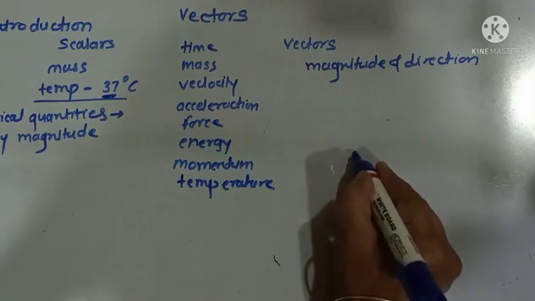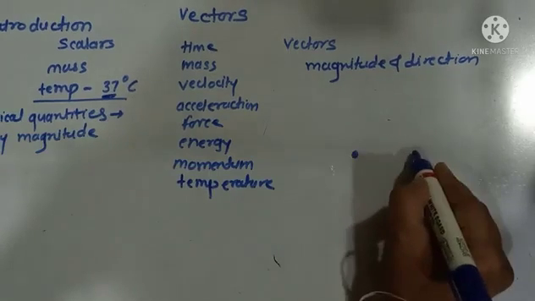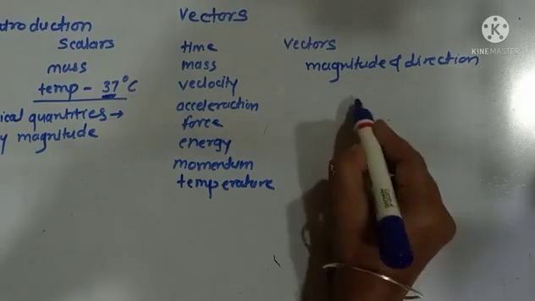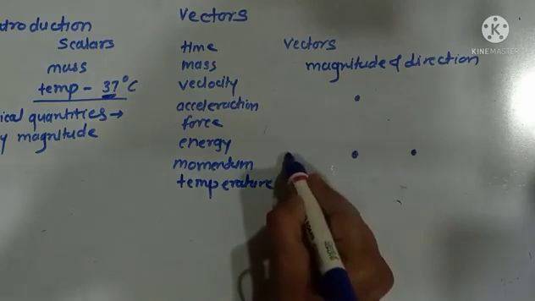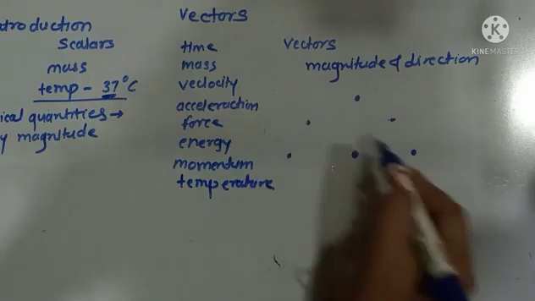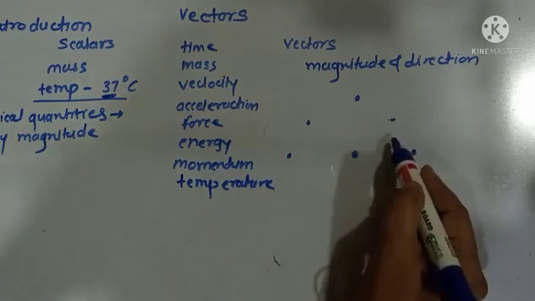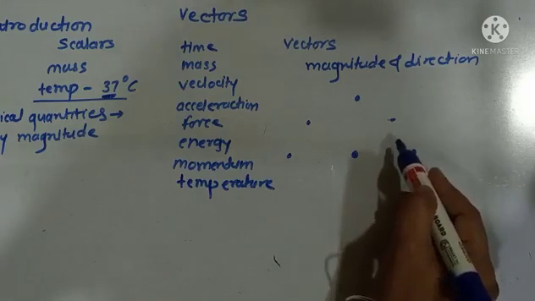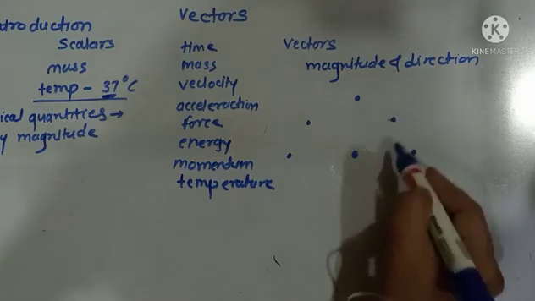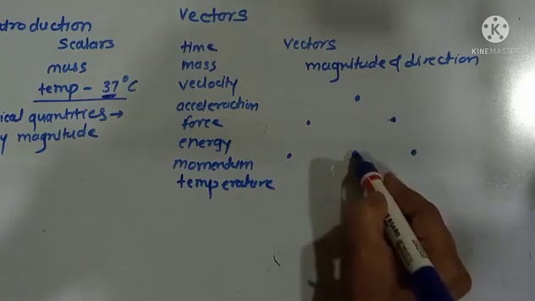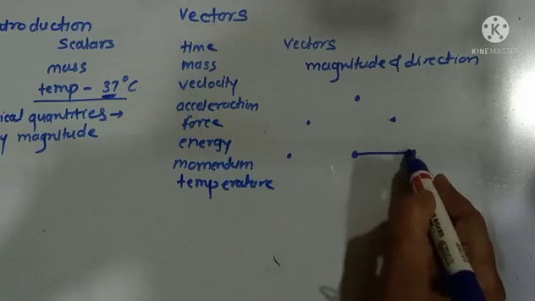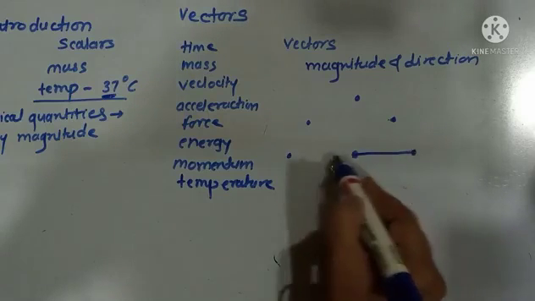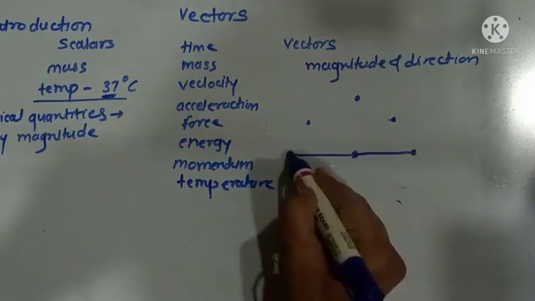You cannot answer unless I tell you the direction, because in this direction also I can walk 5 kilometers, in this direction also, and in this direction. Unless I specify my direction, you cannot tell where I will reach. If I walk 5 kilometers on my right, I will reach here. If I walk on the left, I will reach this point.